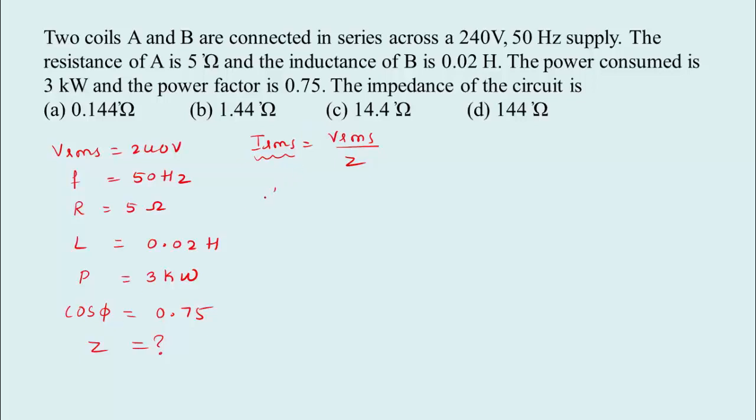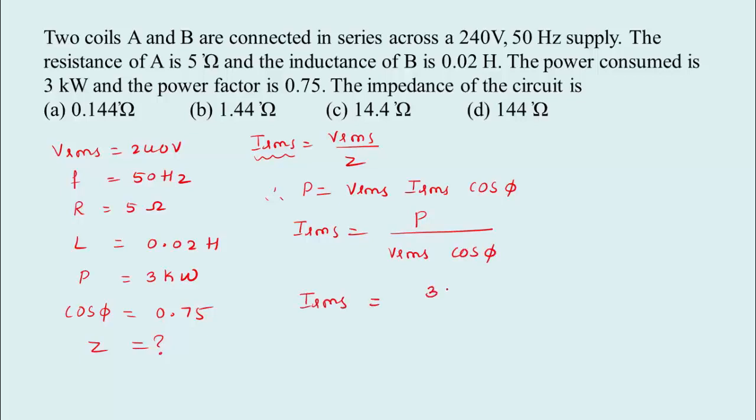Therefore, we have the relation P equal to Vrms into Irms into cos phi. So easily we can calculate the value, that is Irms equal to P divided by Vrms into cos phi. So Irms we have to calculate, keep as it is.